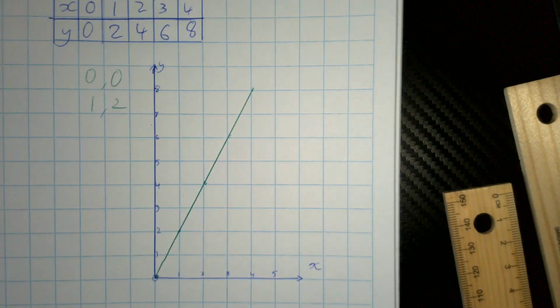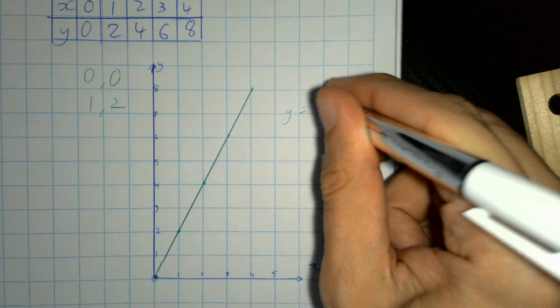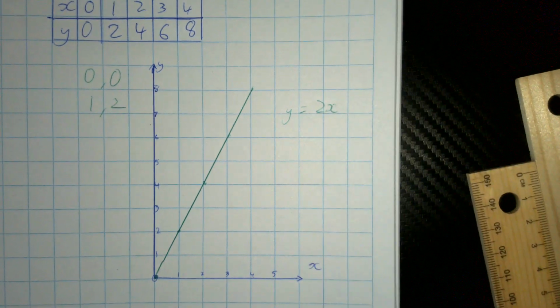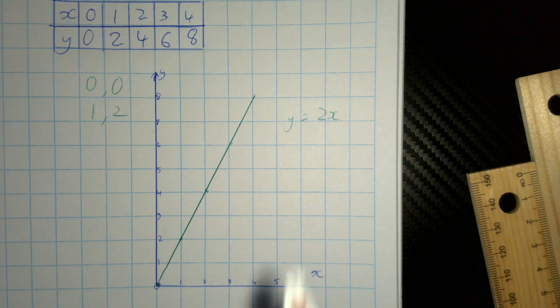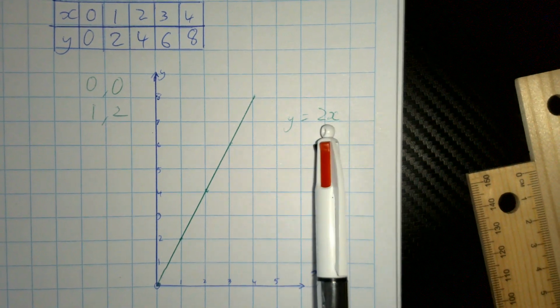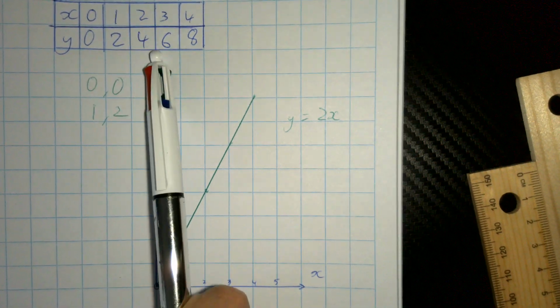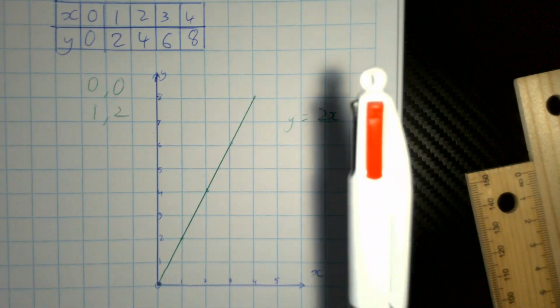And this will be the equation y equals 2x. The reason being is no matter what x is, y will be double it. 2 times x. When x was 1, we doubled it. When x was 2, we doubled it, and so forth.